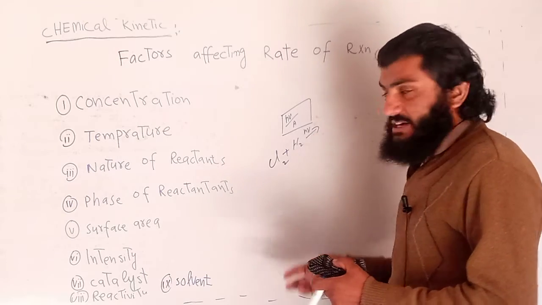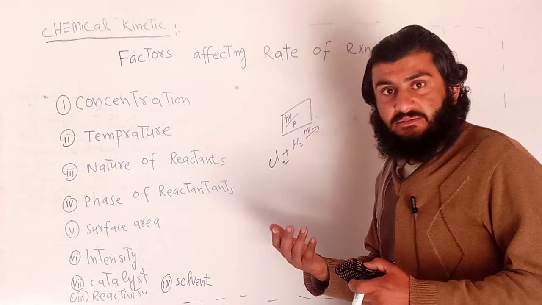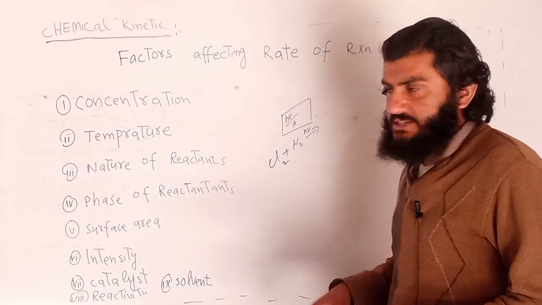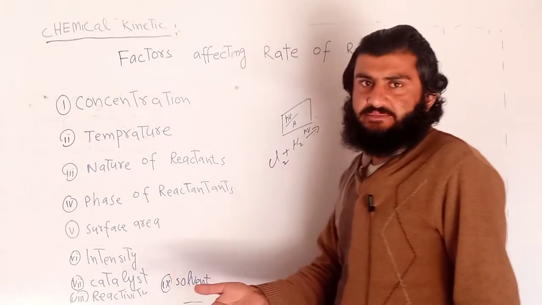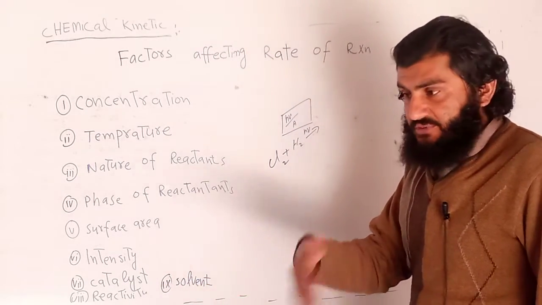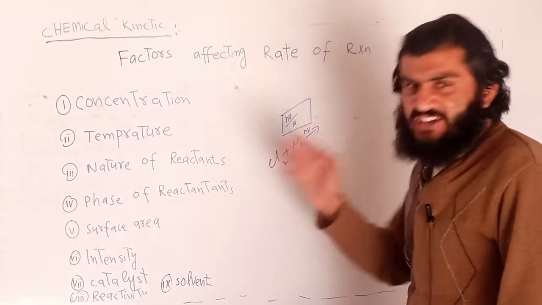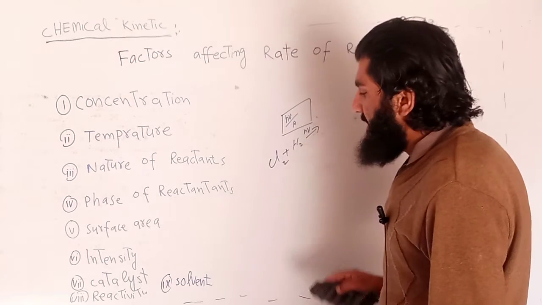If two photons are present, then it will form four radicals. If three photons, then six radicals. It means that as the intensity increases, the number of photons increases, and if the number of photons increases, the rate of reaction increases. So the next case is catalyst.